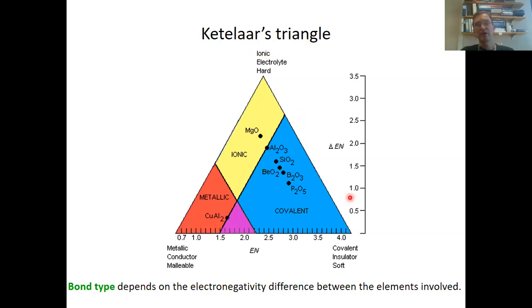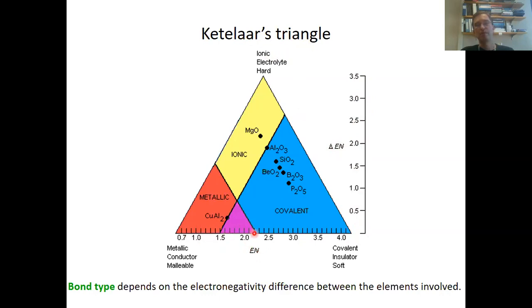In the triangle, we have 2 axes. This is the y-axis, in which the electronegativity difference between the atoms is plotted. And here on the x-axis, we have the average electronegativity of the atoms involved.